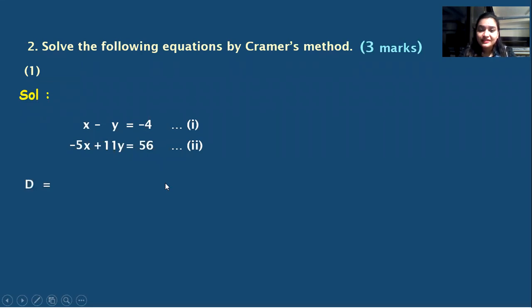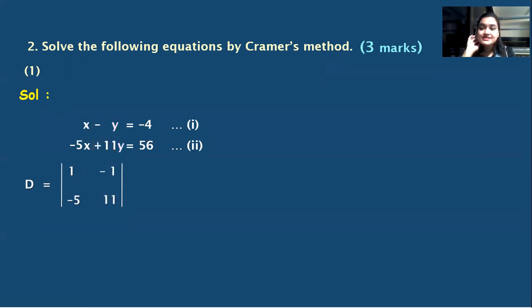The first determinant which you will find is D. In D, you write the coefficients of x and y. So in the first equation, the coefficient of x is 1. And in the second equation, the coefficient of x is minus 5. In the first equation, coefficient of y is minus 1. Don't ignore the sign. In the second equation, coefficient of y is 11.